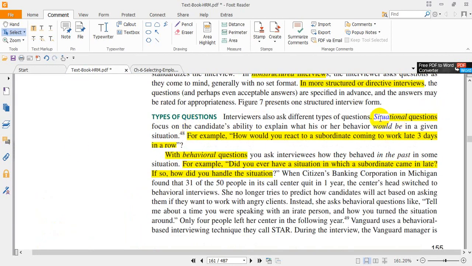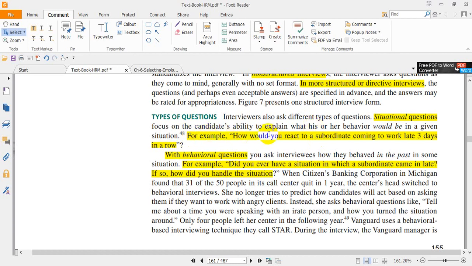Situational questions focus on the candidate's ability to explain what his or her behavior would be in a given situation. An example: how would you react to a subordinate coming to work late 3 days in a row? This is an example of situational questions.